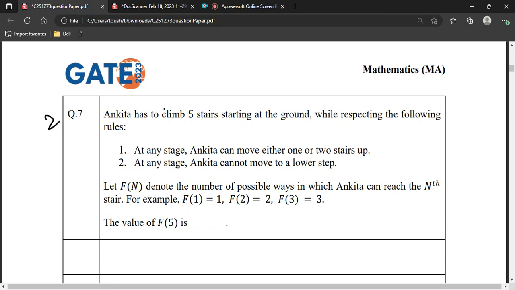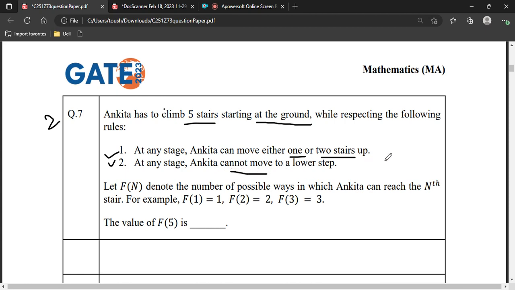So let's see a method to do this question. What this question says: Ankita has to climb 5 stairs, starting at the ground. So she is on the ground and has to climb 5 stairs, right? She has two choices. She can move either 1 or 2 stairs, and the second condition is she cannot move to a lower stair.